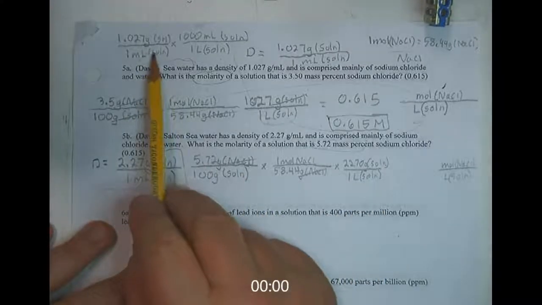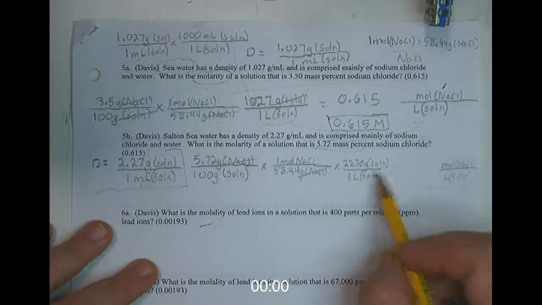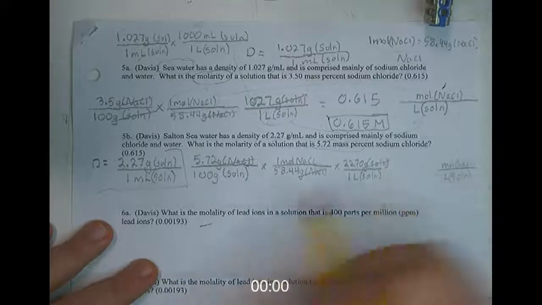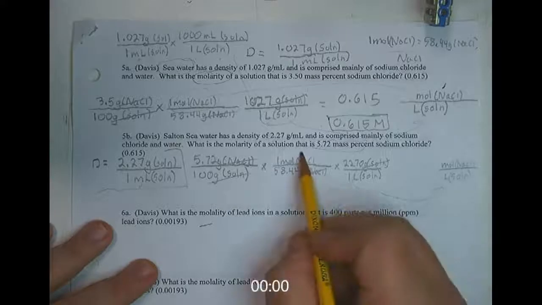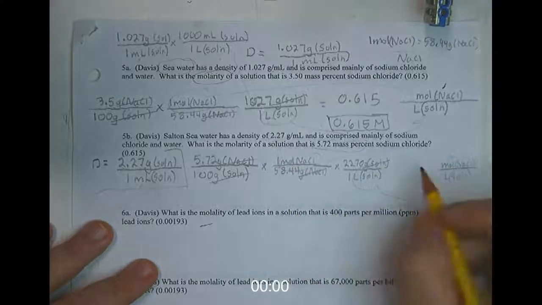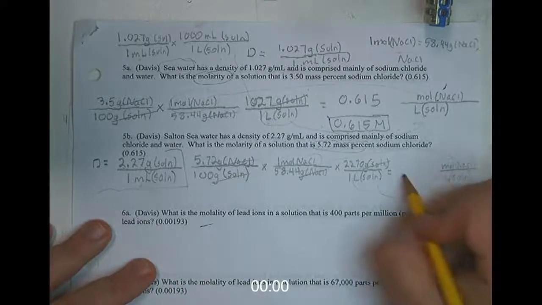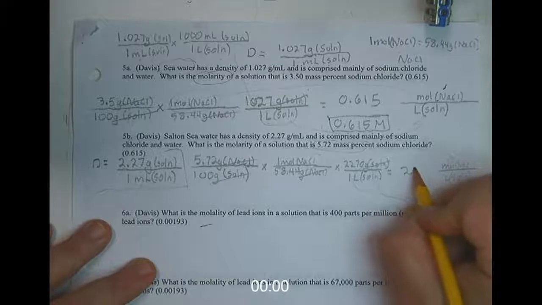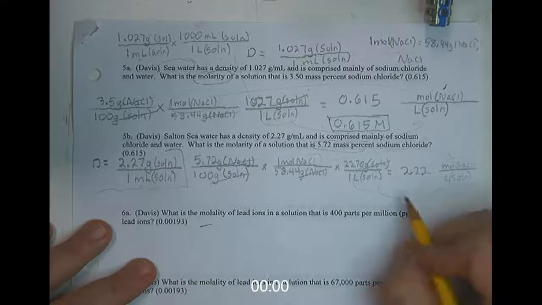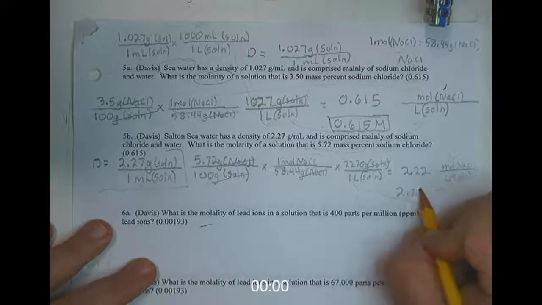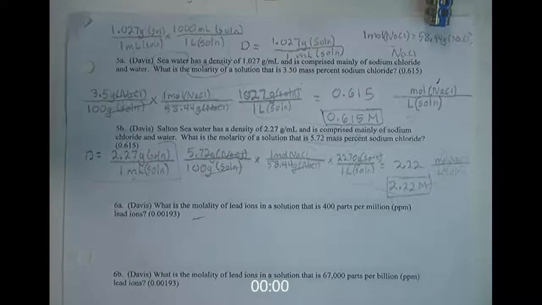Same thing we did up here. Good. So now grams of solution cancels, and we're left with liters of solution on the bottom, which is what we want. We have moles of NaCl on the top, which is what we want. So now we just crunch the numbers, and you get 2.22 molar. Moles per liter, or molar. Okay, and that takes care of that.